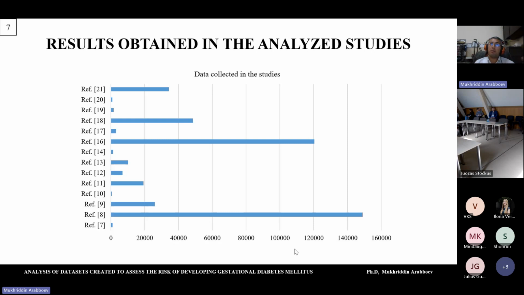If we compare the number of participants in the developed datasets with each other, the 5 with highest quantities belong to reference 8, reference 16, reference 18, reference 21, and reference 9, respectively. Reference 15, reference 10, reference 20, reference 7, and reference 14 were the 5 lowest quantities on the number of participants in the developed datasets according to the analyzed studies in this review paper.